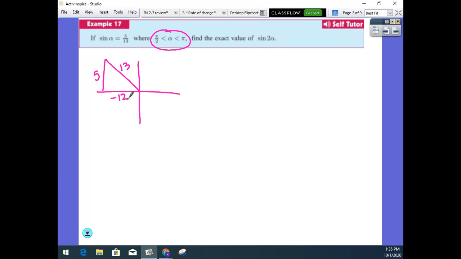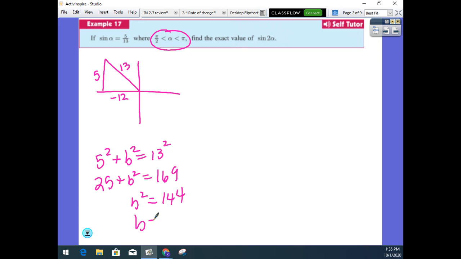If you did not remember that, you can just do 5 squared plus b squared equals 13 squared and solve it out. And because I'm in the second quadrant, that means x is negative.